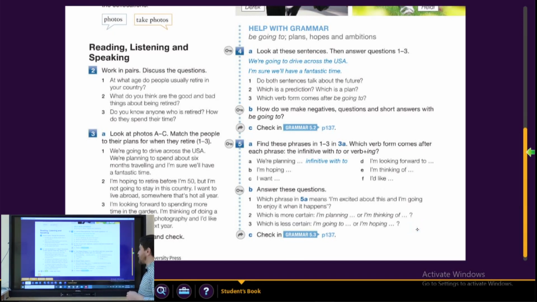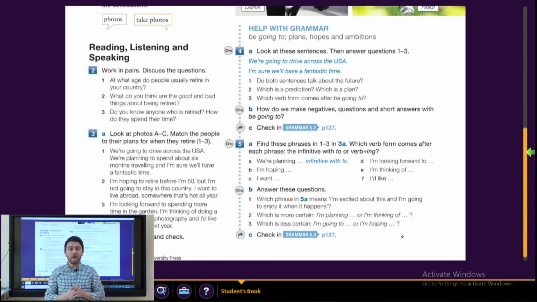And which is less certain? I'm going to or I'm hoping. I'm hoping is less certain. Like, for example, think about something you are not very sure about. You're just hoping.